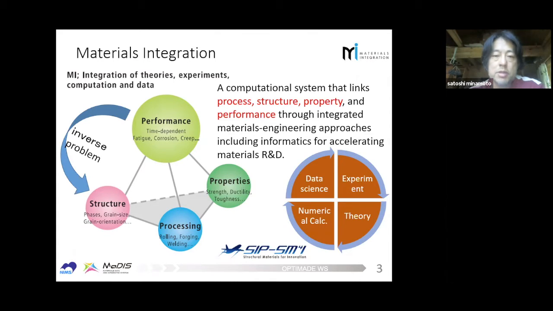And performance is the final material performance, including the environmental or geometrical condition or something like that. In order to do that, we will use four scientific paradigms: experimental, theoretical, numerical calculation, and data sciences.